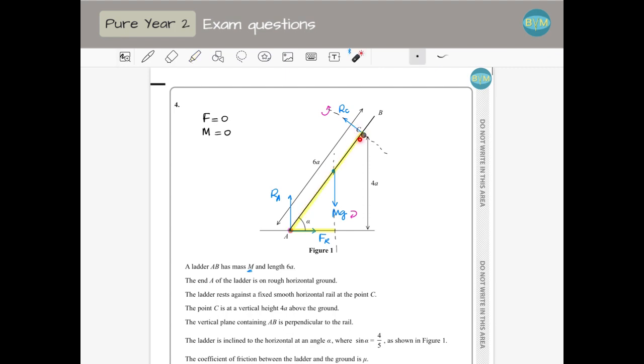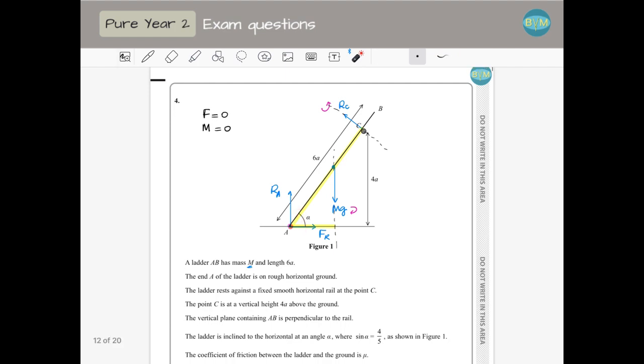We have to find it, because we know alpha, and we know this is 4a, and this is the hypotenuse. So sine alpha, just considering the small triangle, not the whole thing, is going to be 4a divided by what I need.